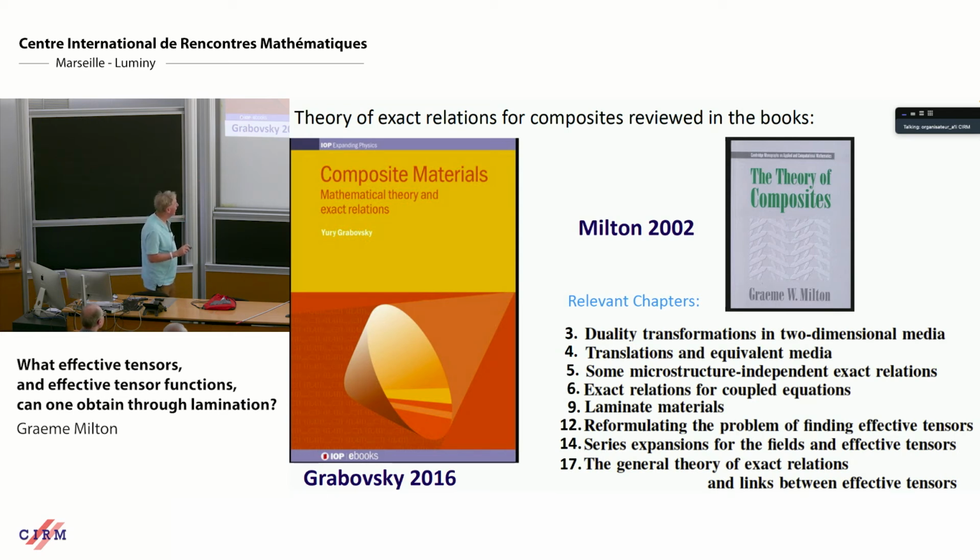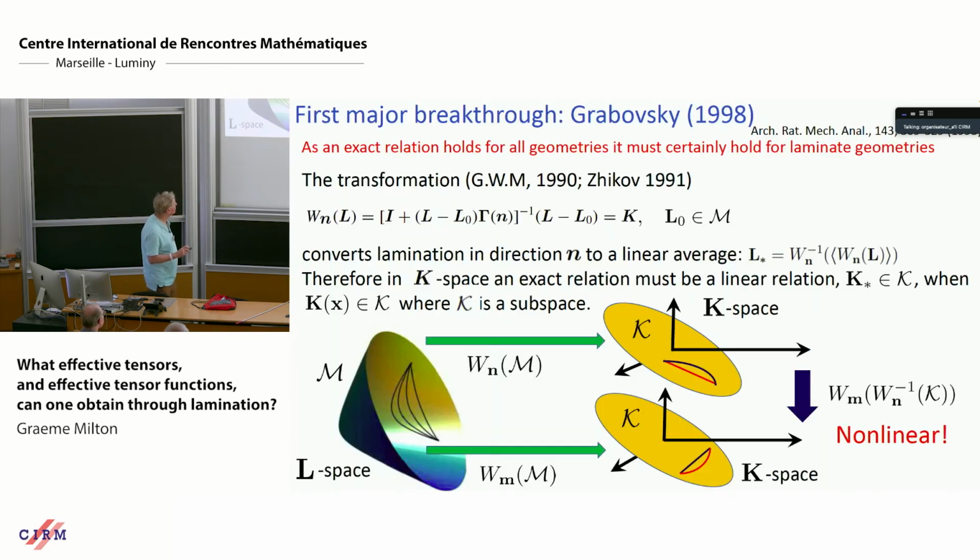And also in my book, I had a number of chapters devoted to that topic. So the first idea, or the first breakthrough, was one that Yuri realized, that if an exact relationship holds for all geometries, it must certainly hold for laminate geometries.